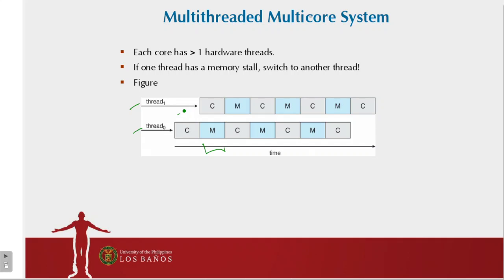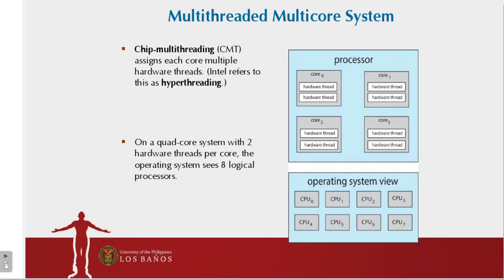So going back, that's the idea. So here is how the logical view of a modern processor will look. We call this the socket. So how many cores per socket? We have 4 cores per socket here, and we have 2 hardware threads per core.